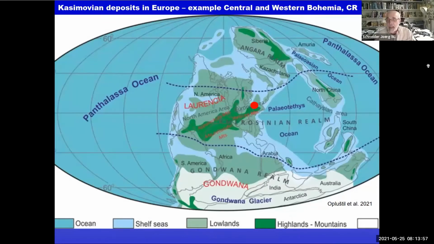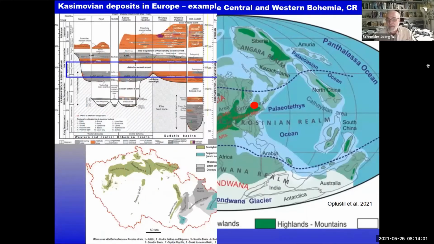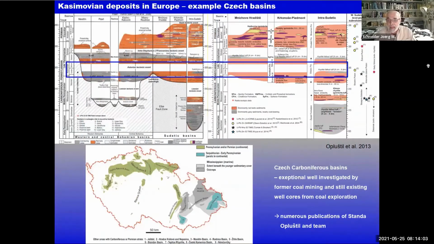We start with Czech Republic. Next, the red spot. There in the Czech Republic, we have a lot of Carboniferous basins, which are exceptionally well investigated because of former coal mining and still existing well cores from coal exploration.